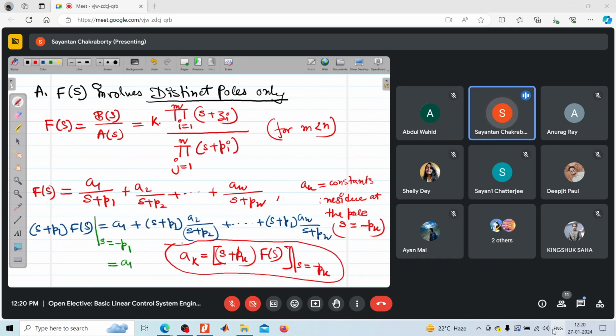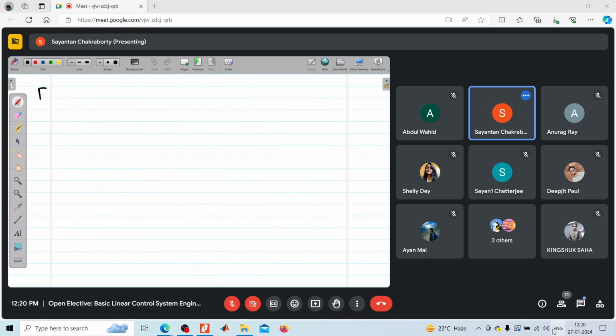Once we obtain that, then finally you can write F(s) as the summation over j equal to 1 to n of aj by (s plus pj).